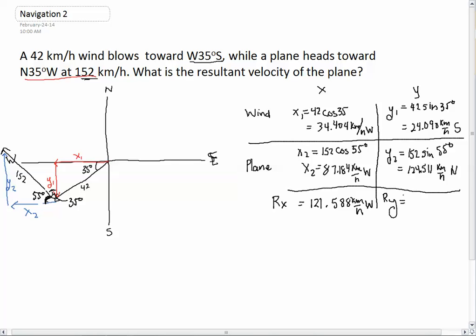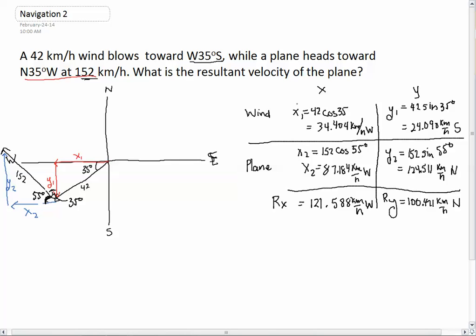When we look at our y components, we have one that's going south, one that's going north, and so these subtract, and we see that we've gone further north than we went south, so eventually when we get our magnitude, we know that we'll be going in the north direction. So let's calculate that, and we get a magnitude of 100.421 kilometers per hour north.